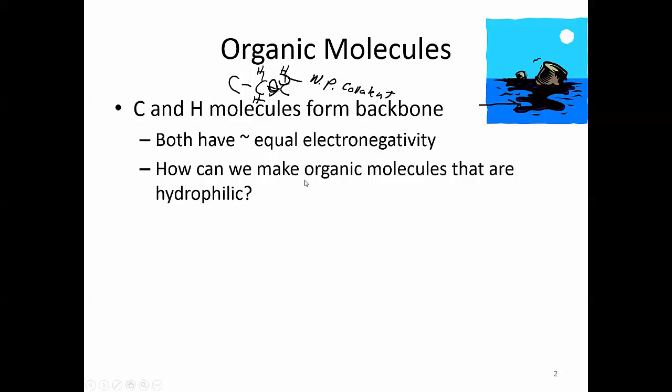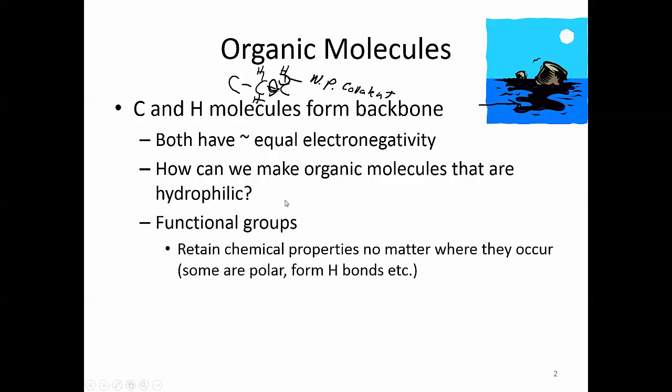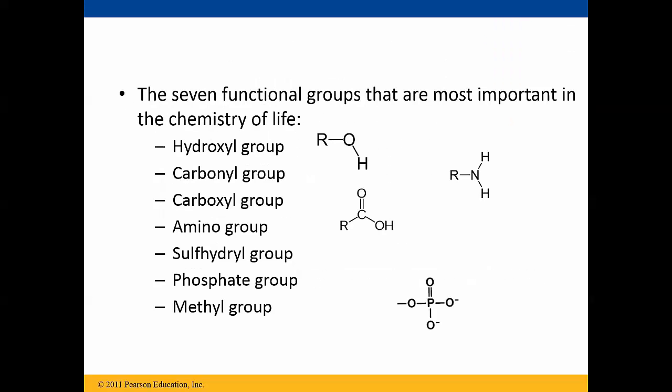Well, organic molecules can be made polar, and to do that, we add functional groups. Functional groups are chemical components that retain their chemical properties no matter where they occur. So some of them are polar, some of them form hydrogen bonds, so on and so forth. So they have different properties, and they maintain their chemical properties when they're stuck onto a large organic molecule.